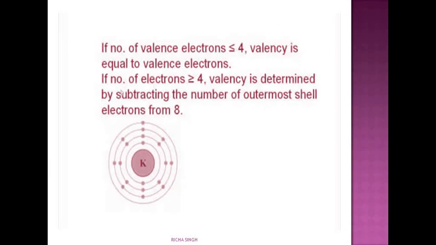Again, this is the same thing. If the number of valence electrons is more than 0 and less than 4, then the valency is equal to the number of valence electrons. But if the number of electrons is greater than or equal to 4, then its valency is determined by subtracting the number of outermost shell electrons from 8.